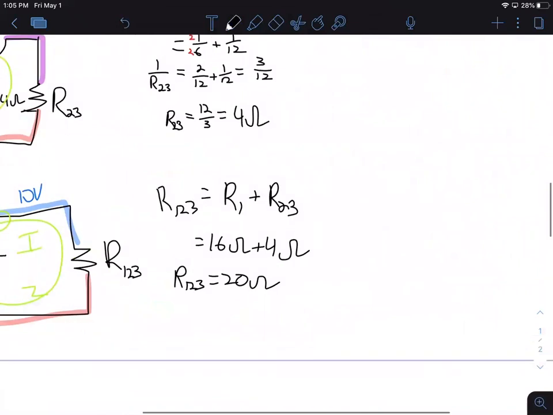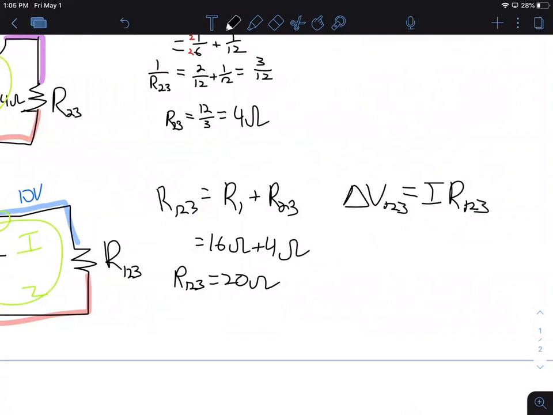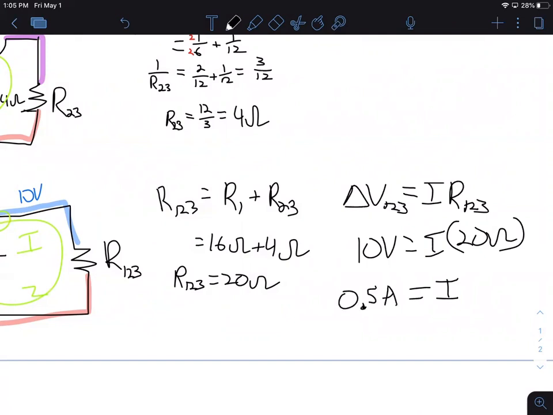It's taking away 10. It's going from that blue to red, so I can say delta V 1, 2, 3 equals I R 1, 2, 3. So 10 volts equals I times 20 ohms. I get a current of 0.5 amps.